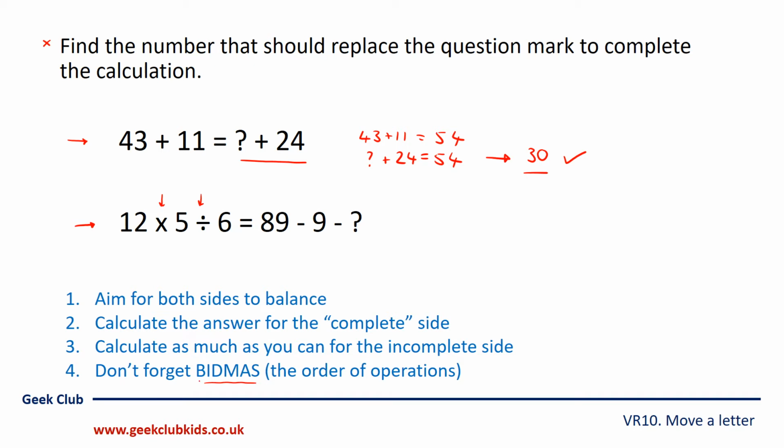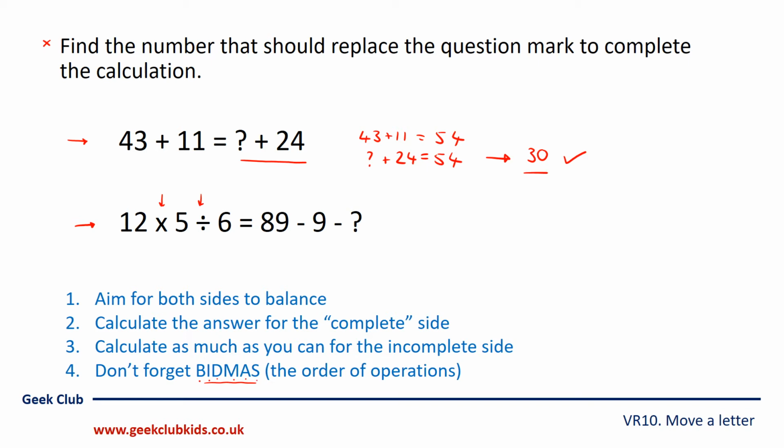It stands for brackets, so anything in brackets first. Indices, which means any kind of power, so 2 squared or 2 cubed, that kind of thing, needs to be done next. Then division and multiplication need to be done next, but they are equal in priority, so we can do them at the same time. And then finally, addition and subtraction are the last things we should do.